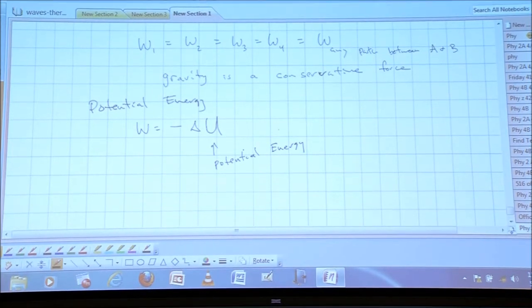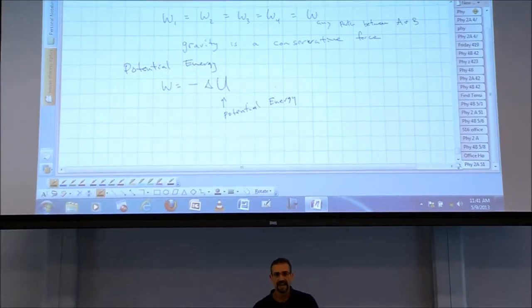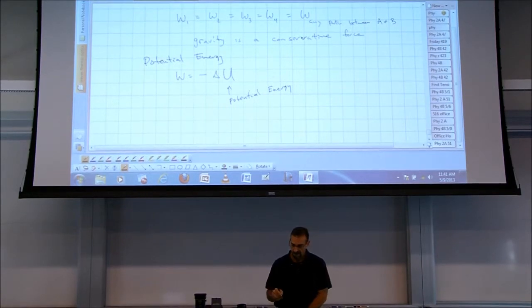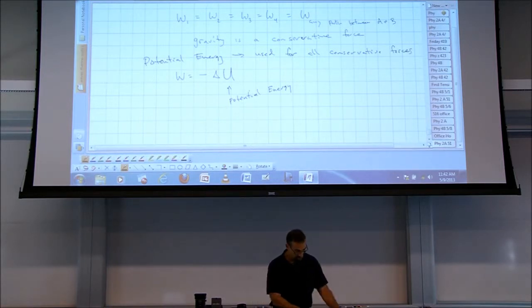When do we come up with the potential energy term? Anytime we have a conservative force. So the first conservative force we know about, gravity, we're going to come up with a potential energy term for gravity. So our gravitational potential energy is going to equal mgh.